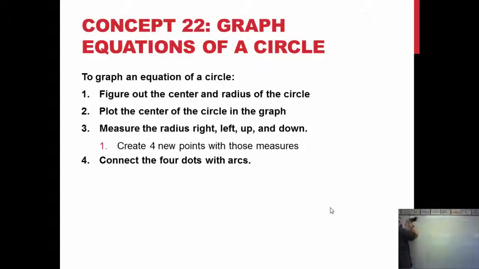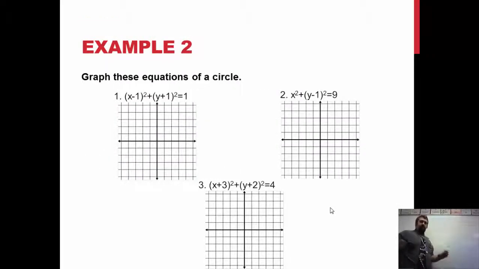And then you're going to plot the center of the circle. You're going to use the radius, measure left, right, up, and down, and connect an arc to each of those points you just measured. And you will get your circle. So, let's see exactly what I mean by these 4 steps. Let's write down, first of all, these 3 equations.